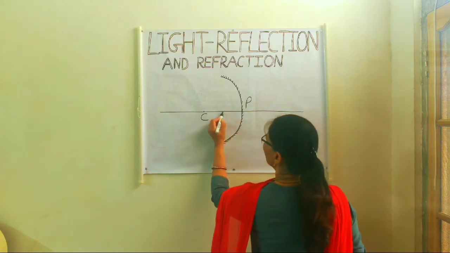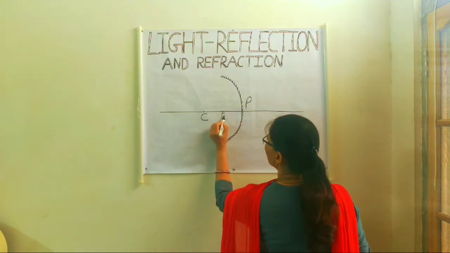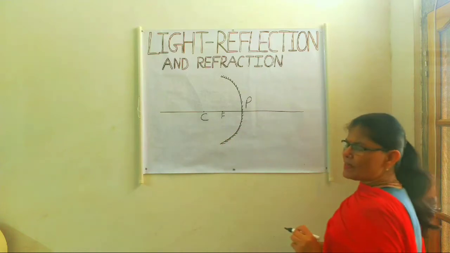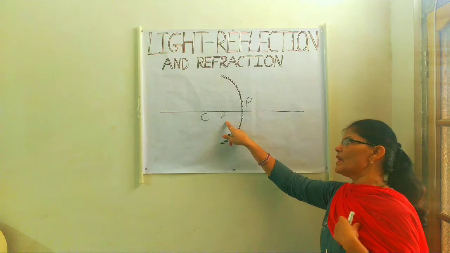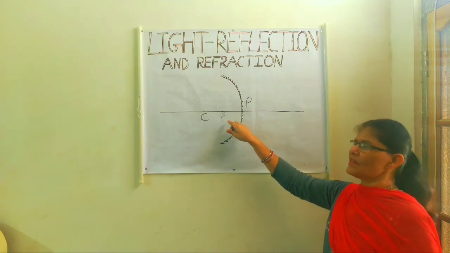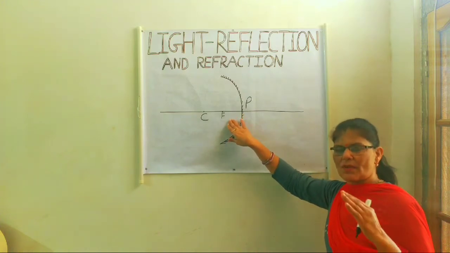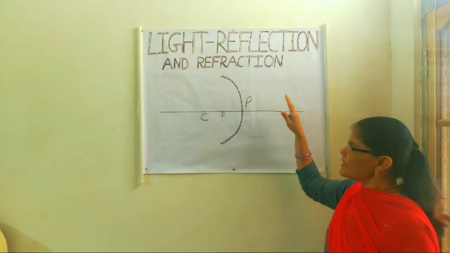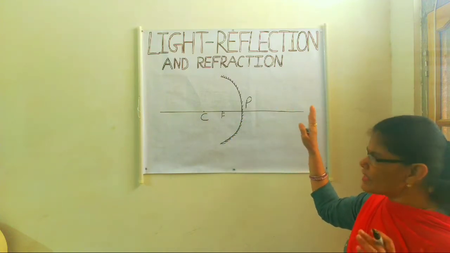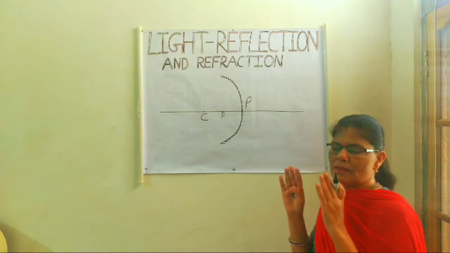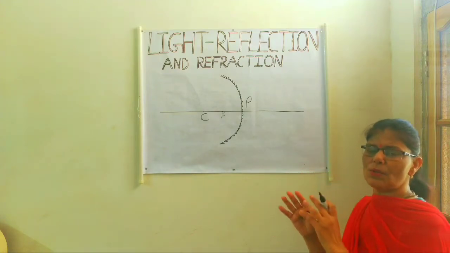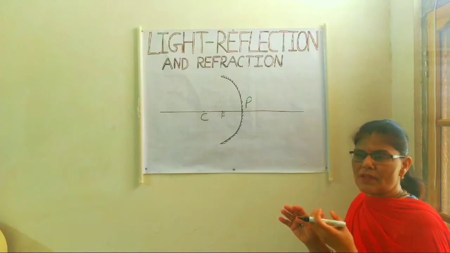Now here we have the principal focus. I told you in the experiment how to find the principal focus. This is a point where a parallel beam of light converges after reflection in case of a concave mirror, and in case of a convex mirror, our principal focus is on the back side of the mirror, because the rays appear to diverge from that point.